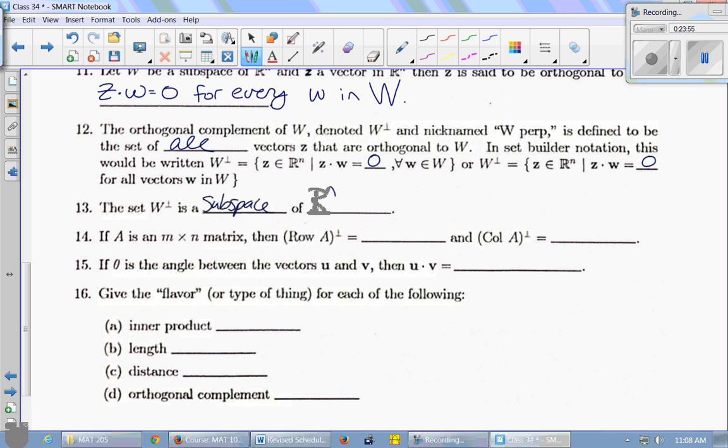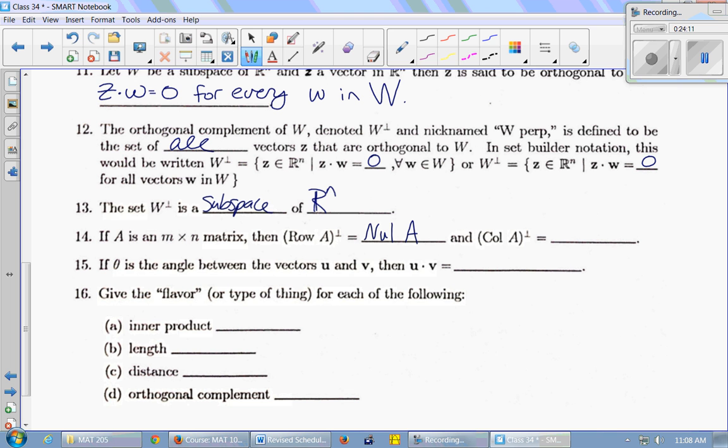All right, if A is an m by n matrix, then the orthogonal complement of the row space of A is the null space of A. That's a crazy connection.